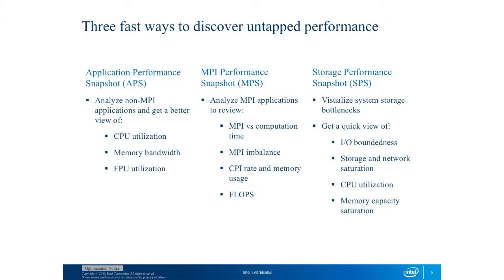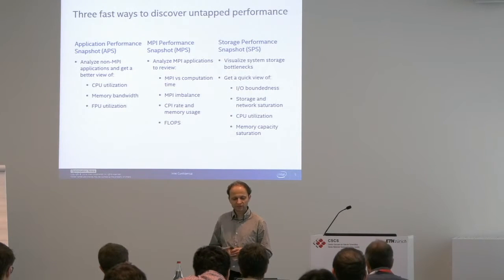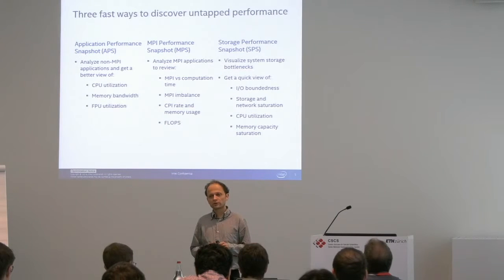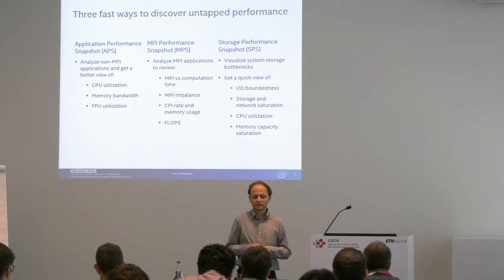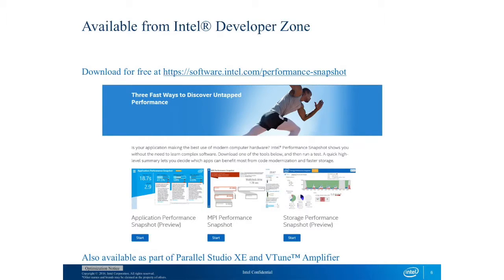And the I/O performance snapshot, I haven't used so far myself, but it gives you an idea on the I/O boundness and the storage and network saturation that you see with your application. It also, as all the three snapshots, produces some CPU utilization numbers along the path, which is really just augmenting the information.